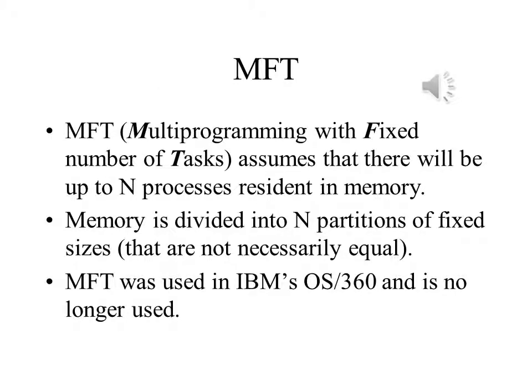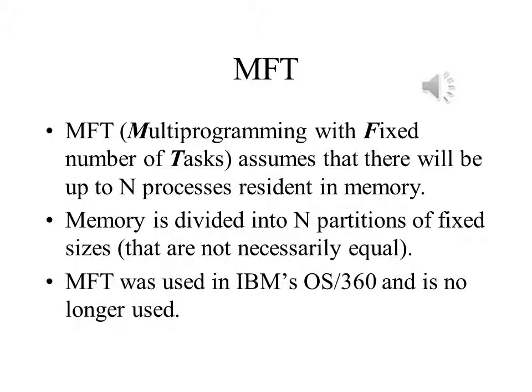The first method is called MFT, multiprogramming with a fixed number of tasks. It assumes that we will have up to n processes resident in memory at a time. Memory is divided into n partitions of fixed size.